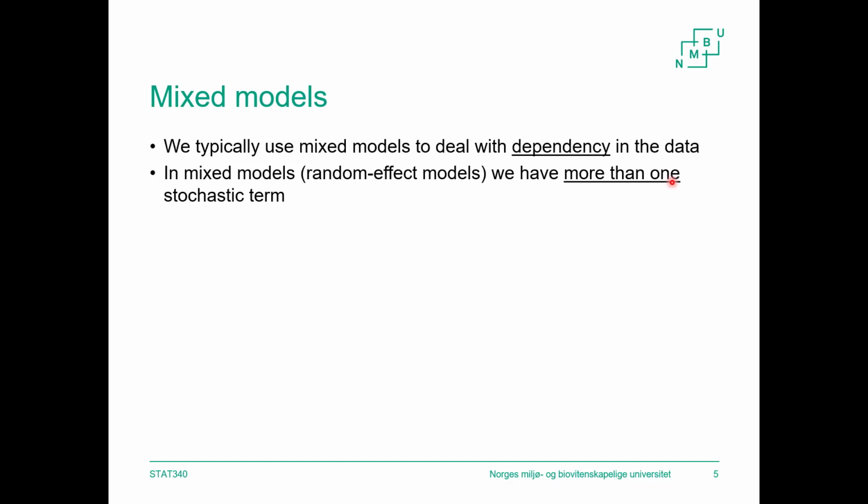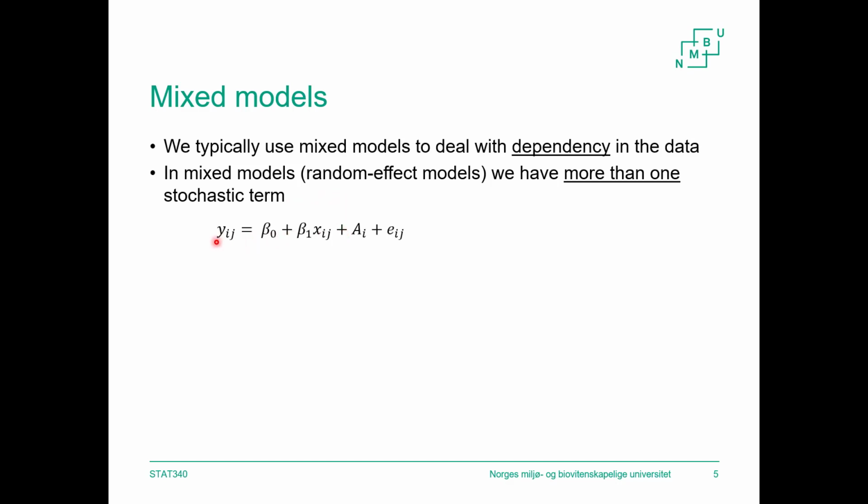Notice from the previous slide, the models we looked at had one stochastic term, the E, that we added in the end. So what is different now? We will have more than one stochastic term that describes the variation in our data.